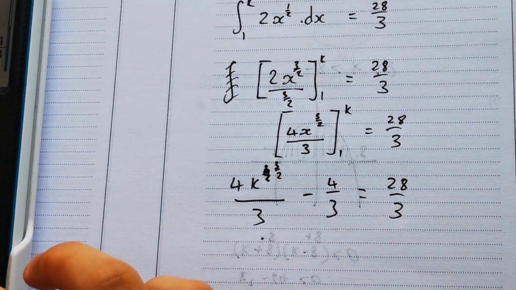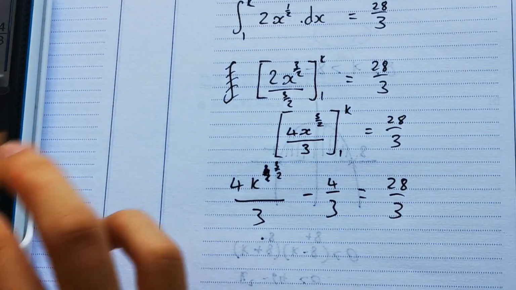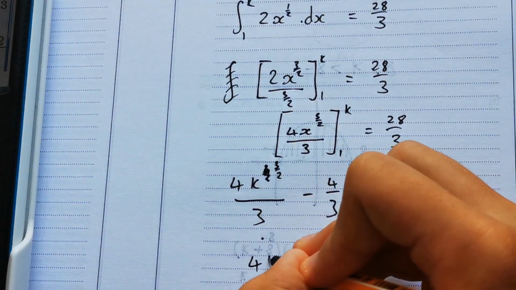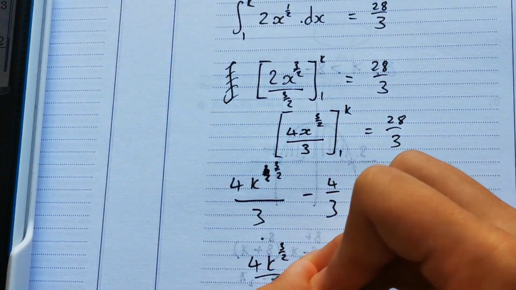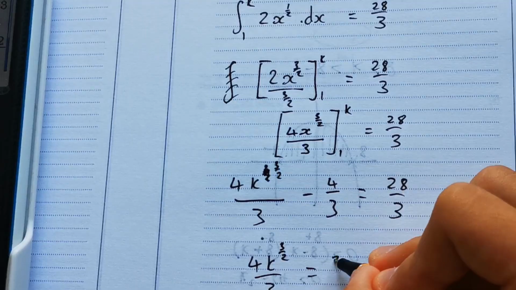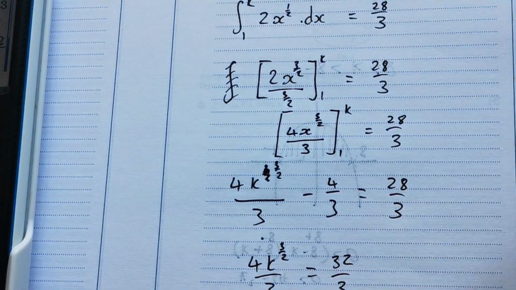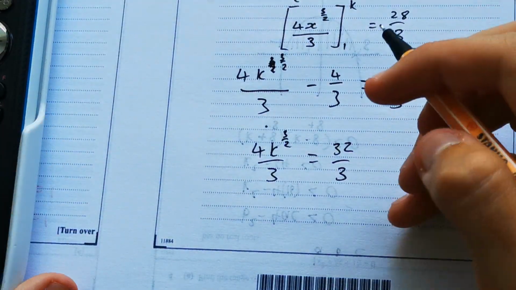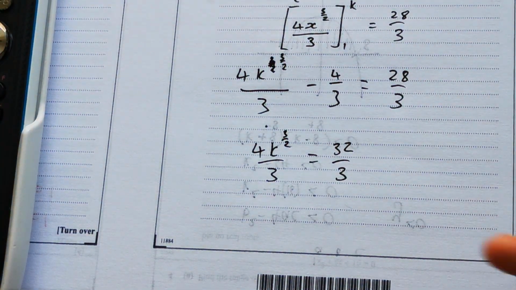Now if we add 4/3 to both sides, we're going to do this in the calculator because it's quicker. 4k to the 3 over 2 divided by 3 is equal to 32 over 3. Multiply both sides by 3.